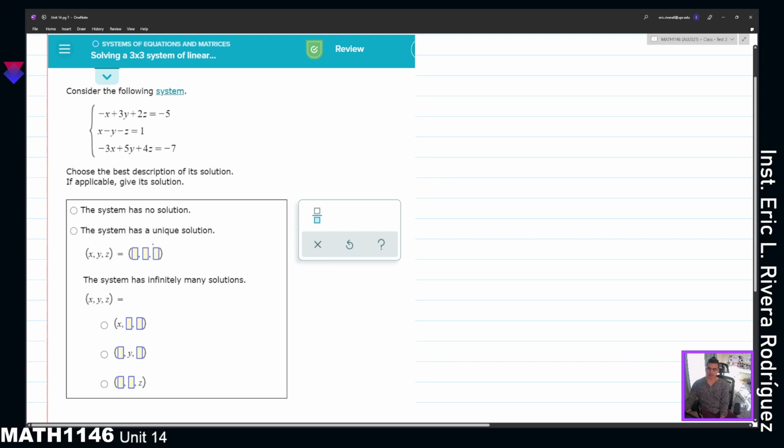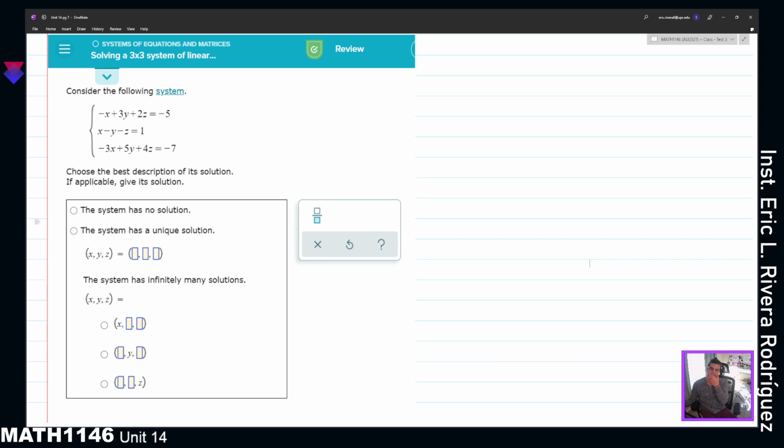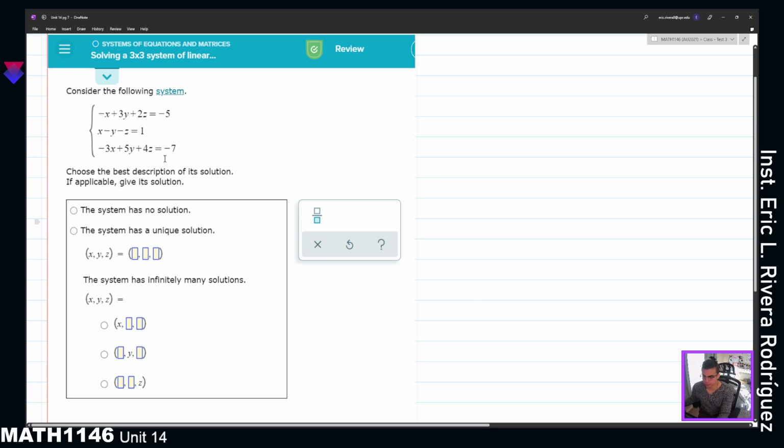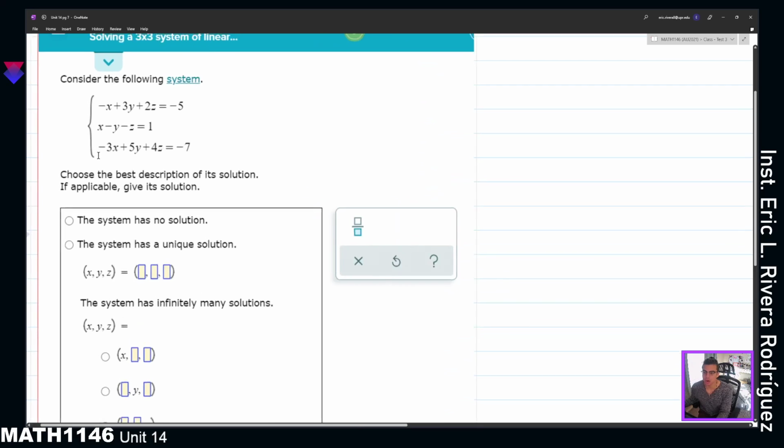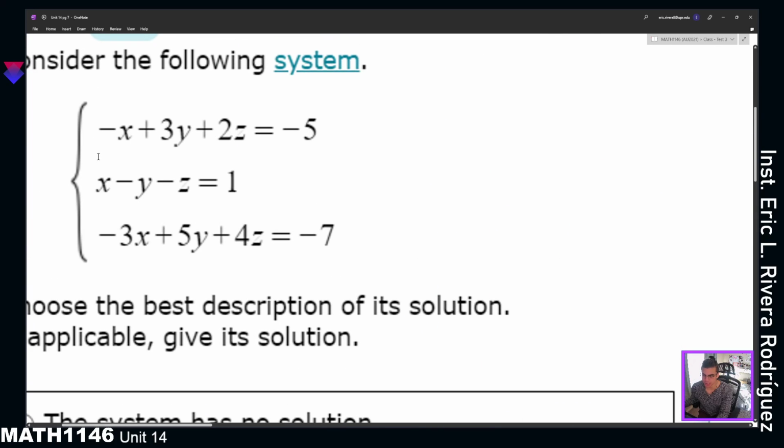This exercise is interesting because, the exercise that we have here, let me set this up, sorry. So the exercise that we have here, two of these equations are equivalent.